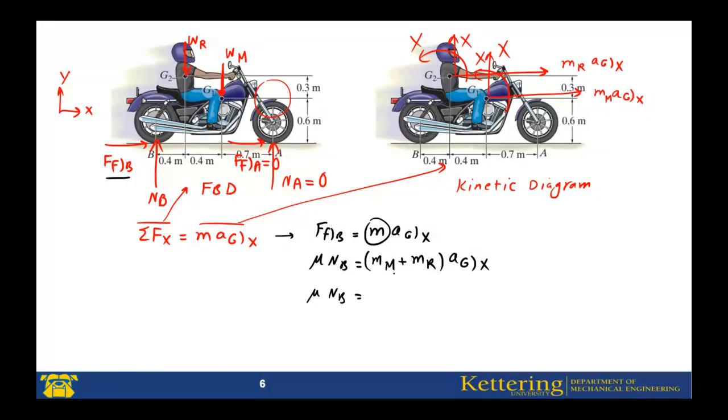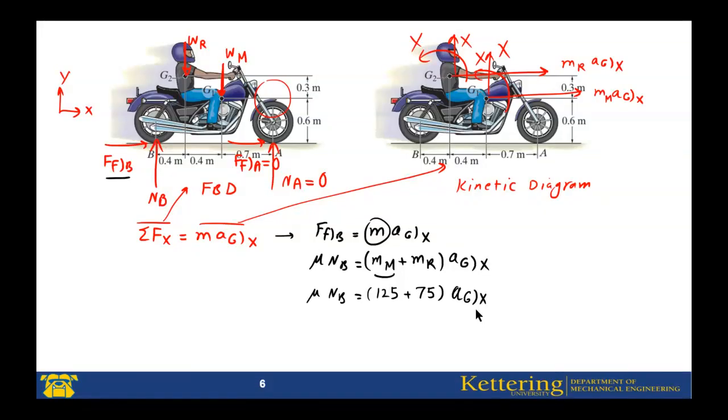Normal force, mass of the motorcycle 125, mass of the rider 75, a_Gx. If you look at this equation, there are three unknowns. We are looking for the kinetic coefficient of friction, the normal force of B, and also the acceleration.